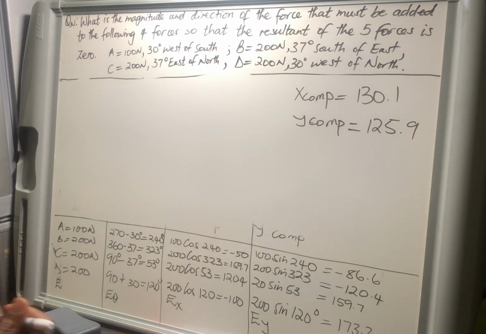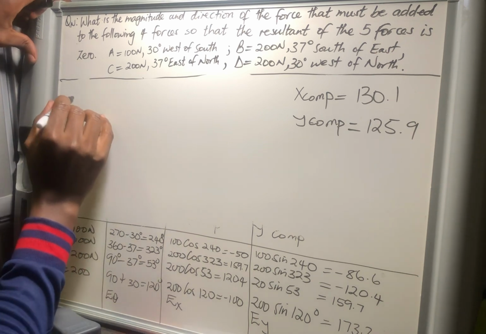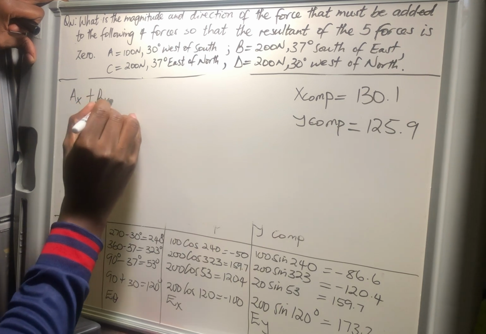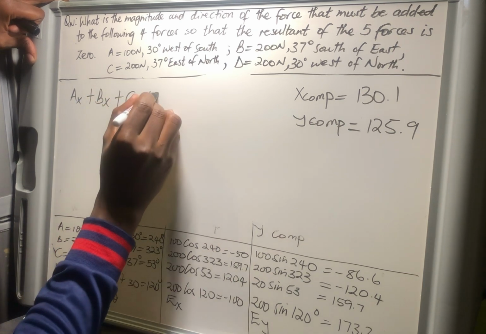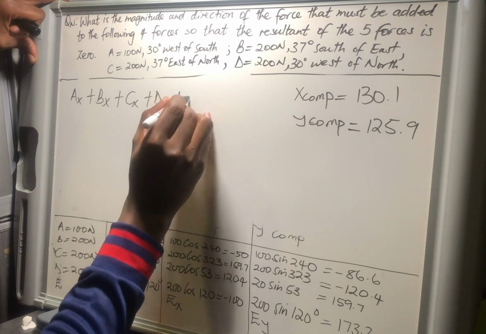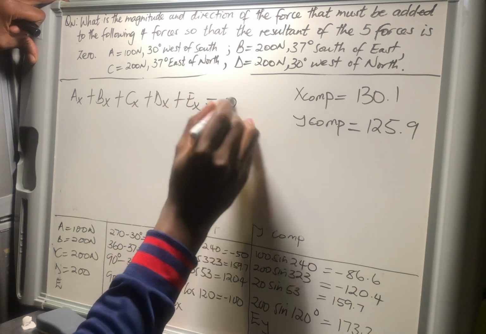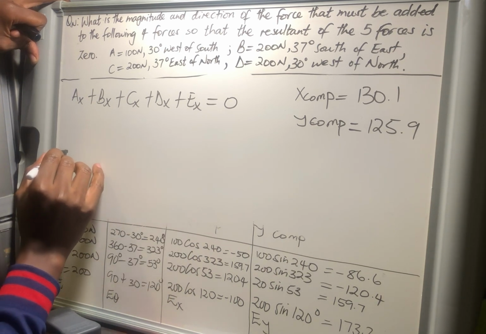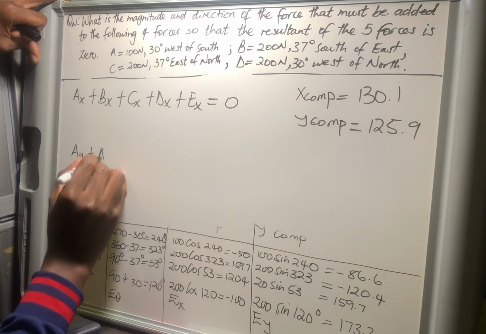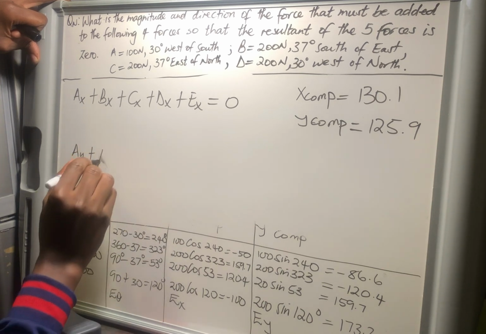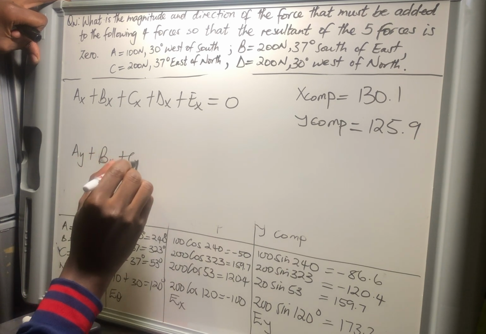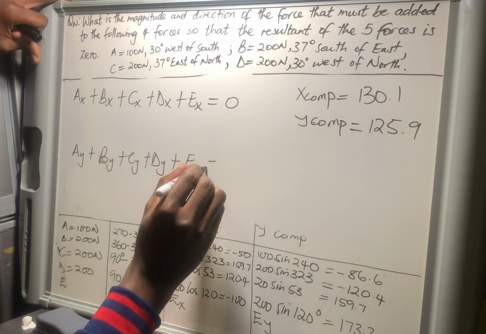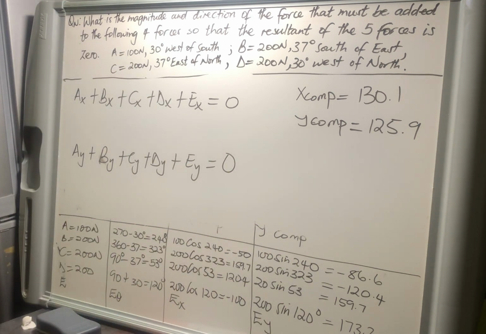Okay, so what the question is saying, if you add your A x plus your B x plus your C x plus your D x plus your E x, the answer is 0. The same again if you add your A y plus your B y plus your C y plus your D y plus your E y, the answer that you are going to get is 0.